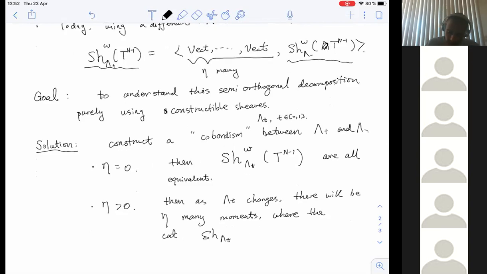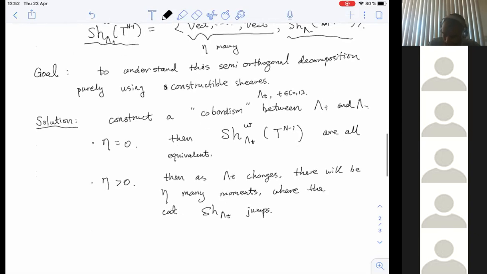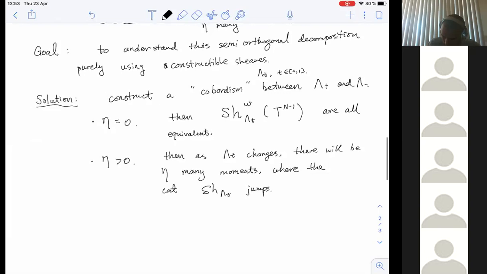And we can precisely describe those jumps and match them with the semi-orthogonal components on the plus side. So that is basically the result I have.